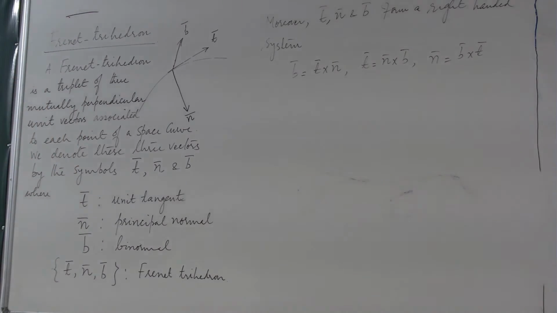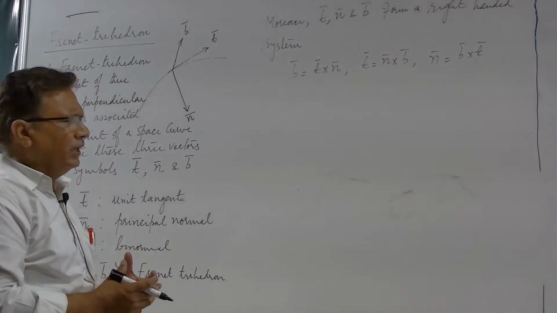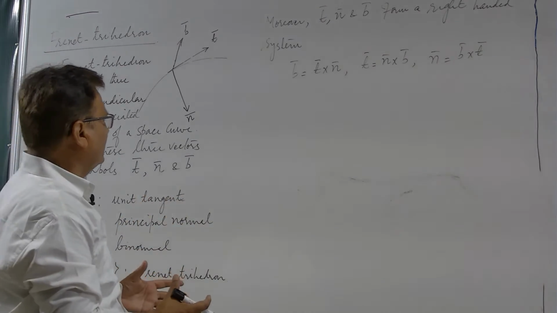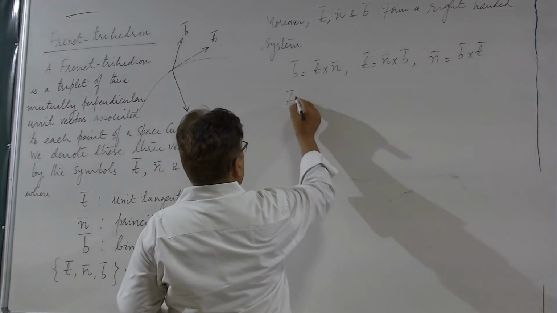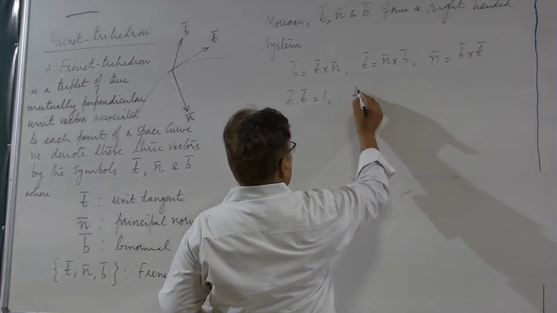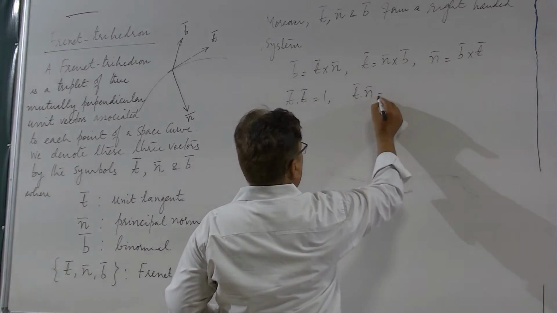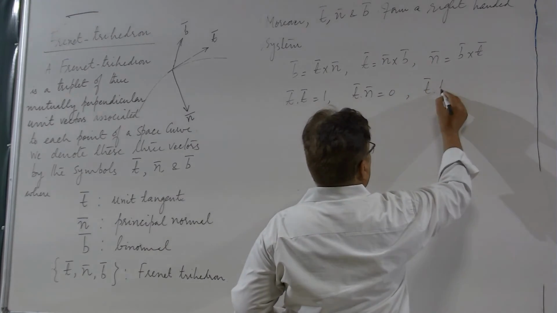So, they are perpendicular to each other and they form a right-handed system, and since they are mutually perpendicular, there are other relations in terms of dot product. For example, the dot product of T with itself will be 1, the dot product of T and N will be 0 because they are perpendicular, and the dot product of T and B will also be 0.